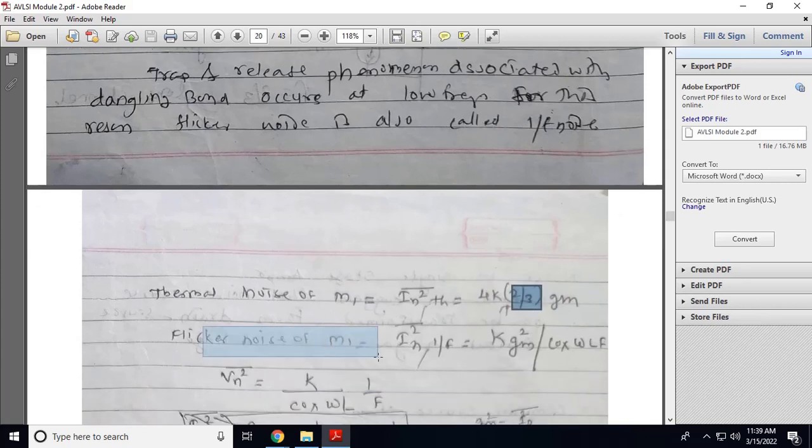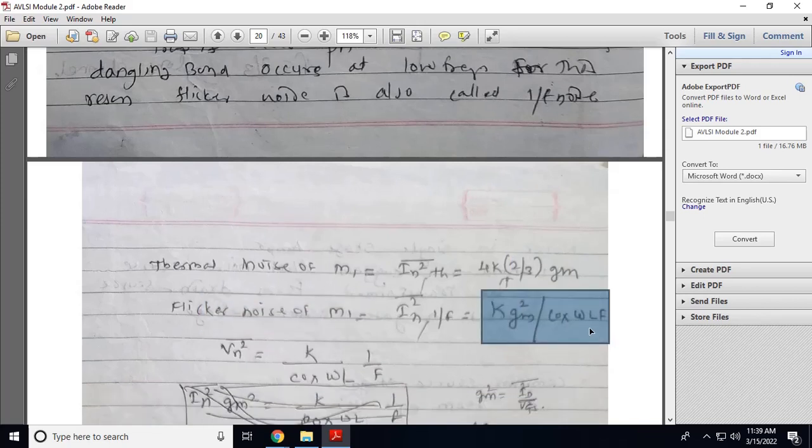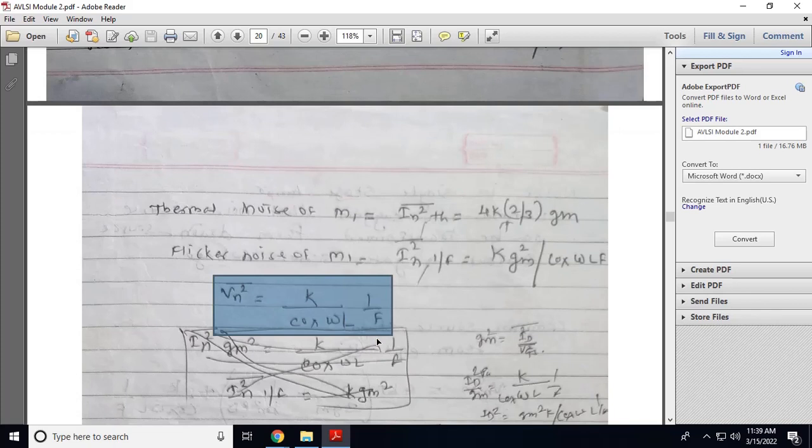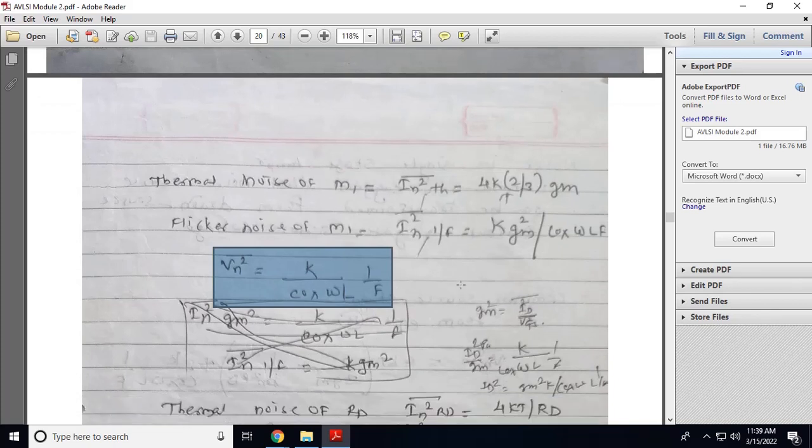Flicker noise in terms of current: the flicker noise voltage is Vn square equal to K by Cox WL, 1 upon f. For the transistor, gm is equal to ID divided by VGS.